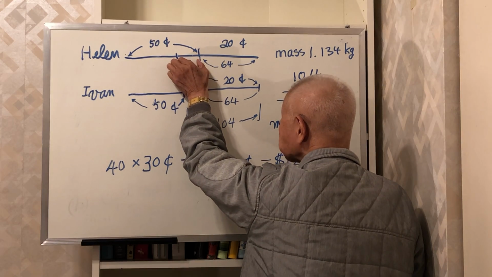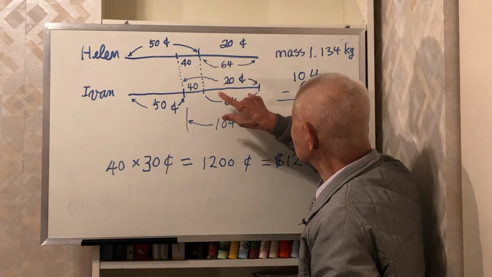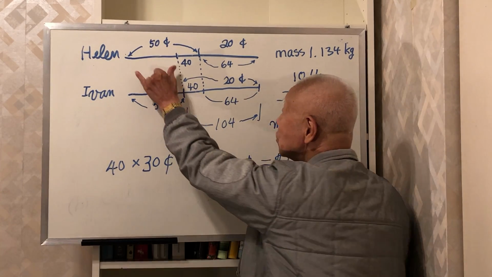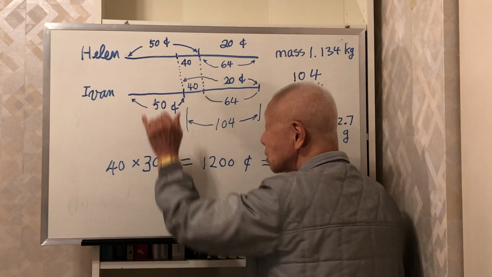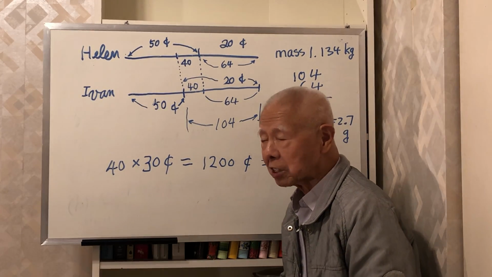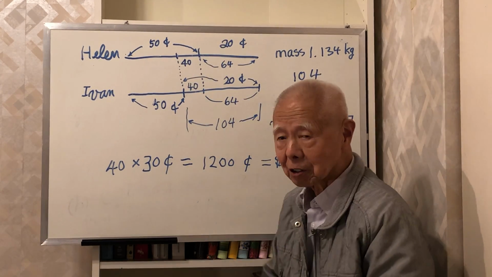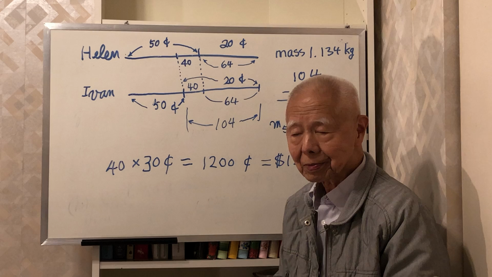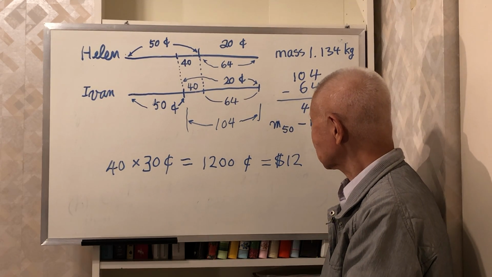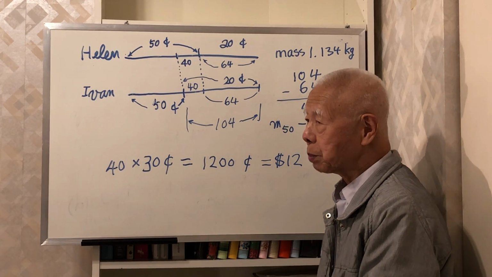You compare this part with this part, because they have the same value. So the difference of value is due to this part and this part. So that's part A. Part B.